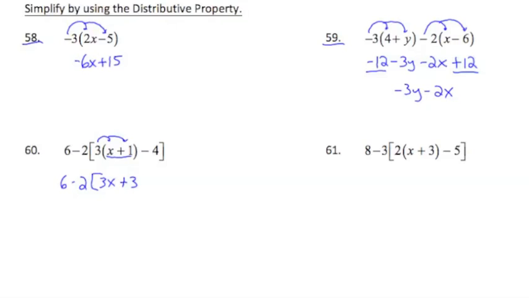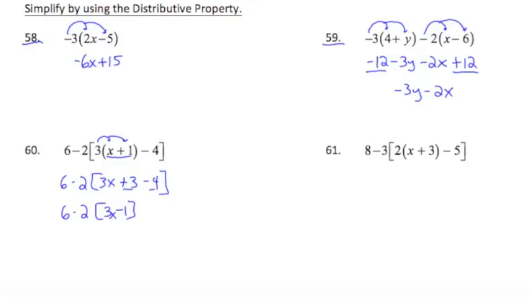Now notice that 3 was not getting distributed to that negative 4, so that negative 4 is going to remain as it is. All right, let's take a look and see if I can simplify anything inside the brackets, and I can add this positive 3 and this negative 4 together. So I'll go ahead and do that. And so positive 3 plus a negative 4 will give me negative 1. Sorry, and that was a 3x there.